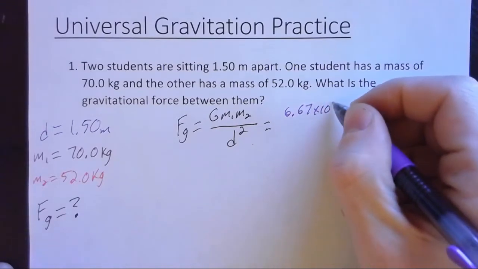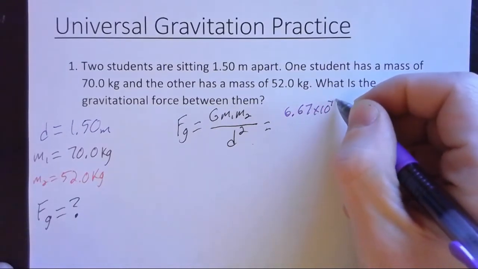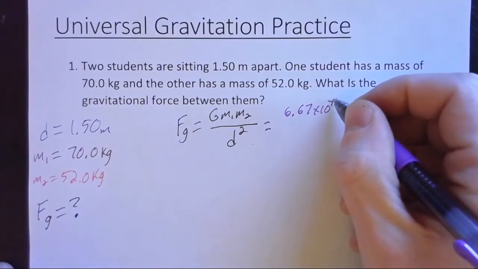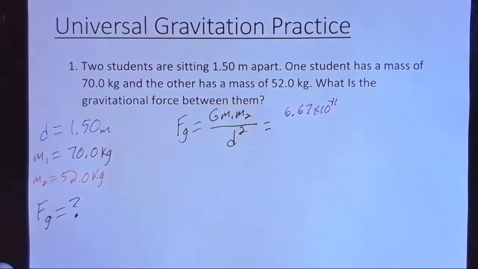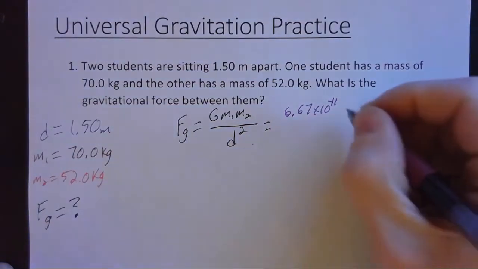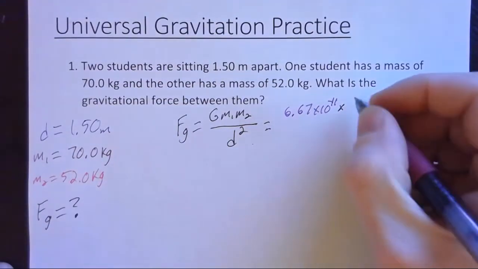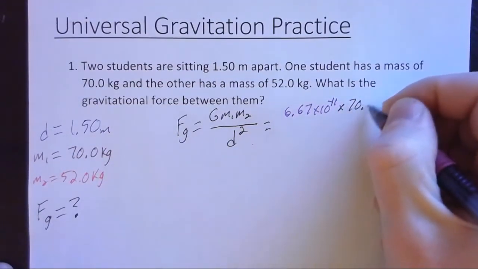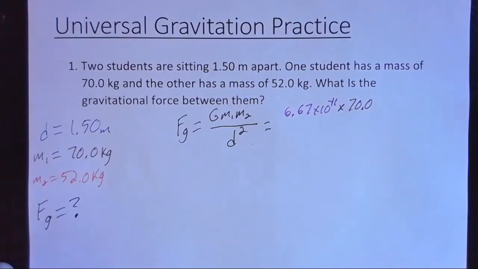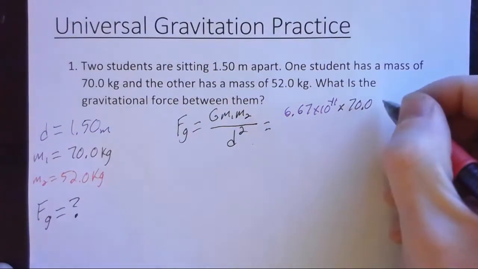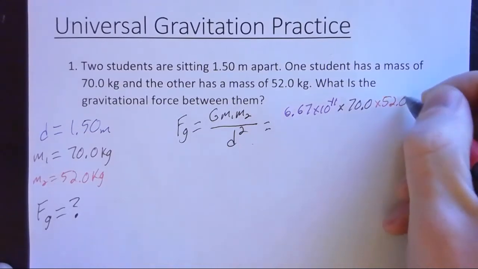The universal gravitational constant, capital G, is always equal to 6.67 times 10 to the negative 11. This will be the same regardless of the problem. The mass of the first object is 70.0 kilograms. The mass of the second object is 52.0 kilograms.